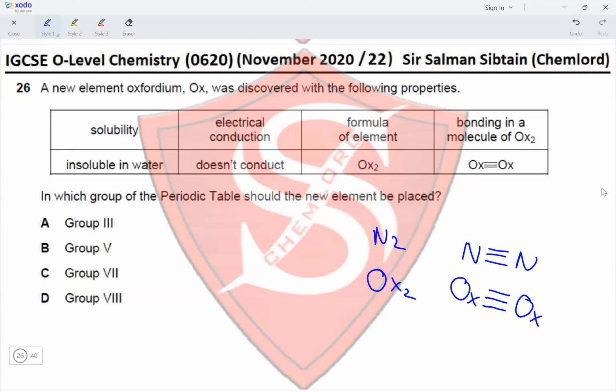Nitrogen is insoluble in water, OX2 is insoluble in water. So if it has the same properties as nitrogen, it should belong to the same group as nitrogen, which is group 5. So group 3, no. Group 5, yes. Group 7, no. Group 8, no. So option B is the correct option for this question.